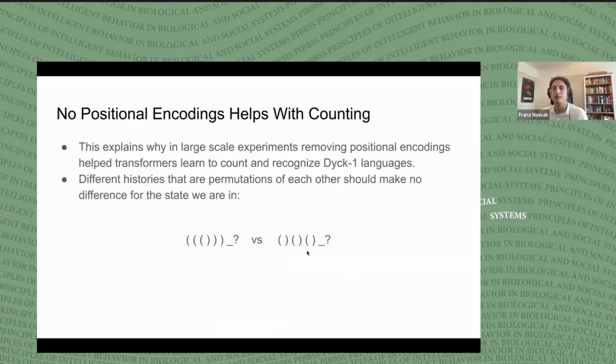That is simplified by the fact that if you don't have position embeddings, then the transformer cannot differentiate them at all anyway, because the attention is commutative for the context, because we're summing over all the previous positions and all the vectors of the previous positions. The sum is commutative, so we cannot differentiate it anymore. And this helps them learn this task very well.